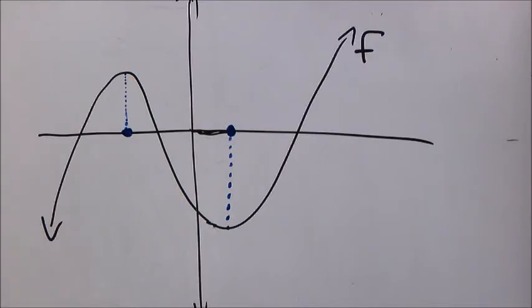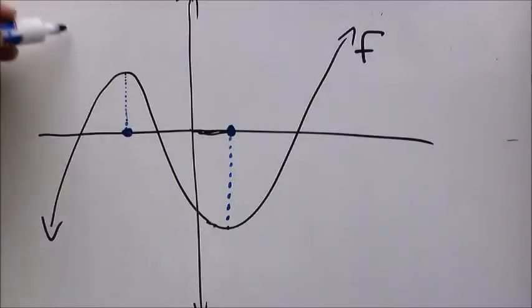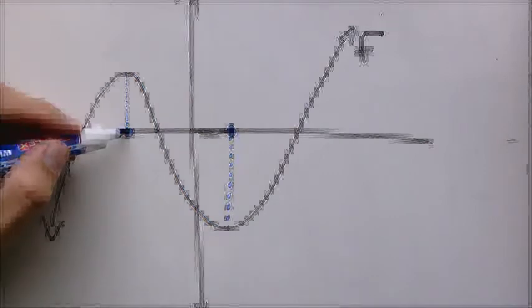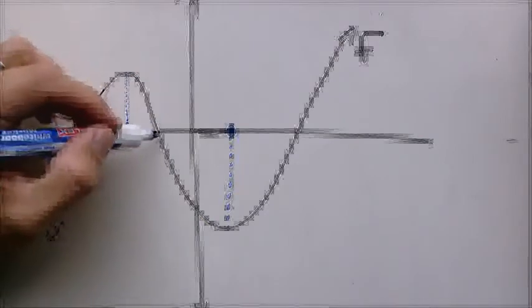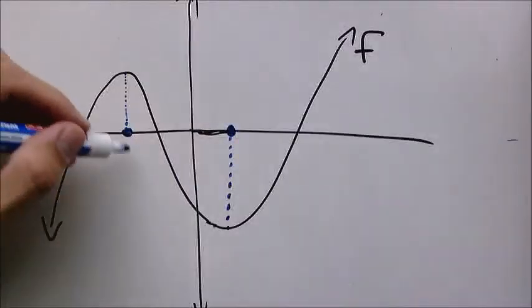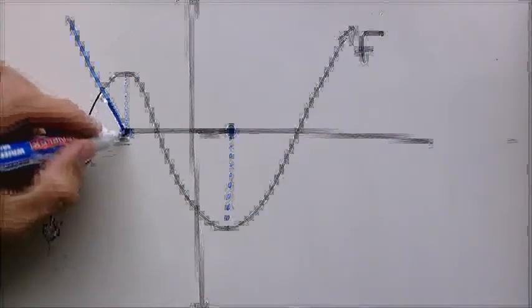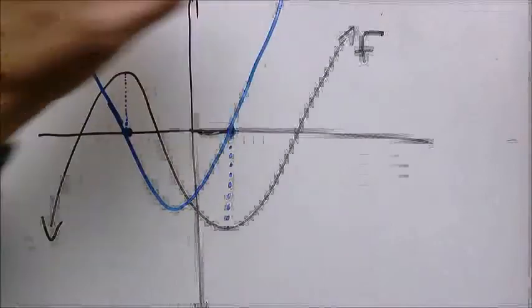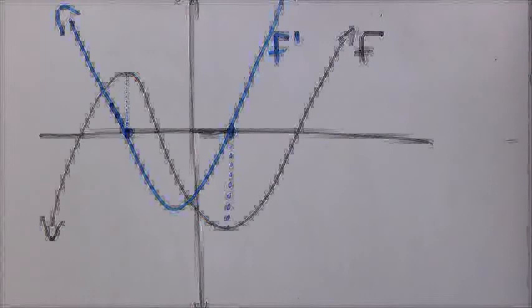Remember, the first derivative represents the gradient of the graph, right? So here the gradient is positive until 0. That means it would be above the x-axis until that point, right? And then over here, it is negative until 0 again, so it will be below the x-axis, and over here it's positive from here onwards, right? So this graph will look something like this, and it's the first derivative's representation.